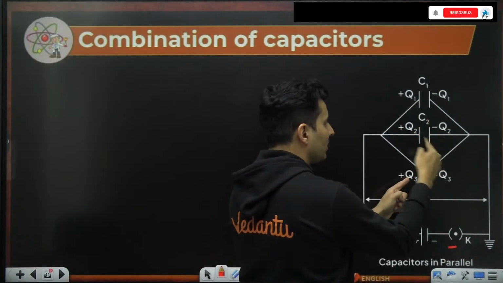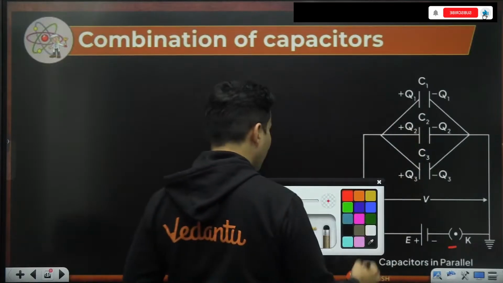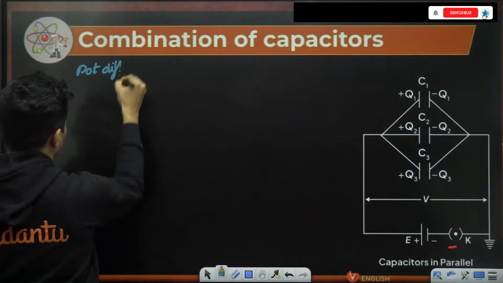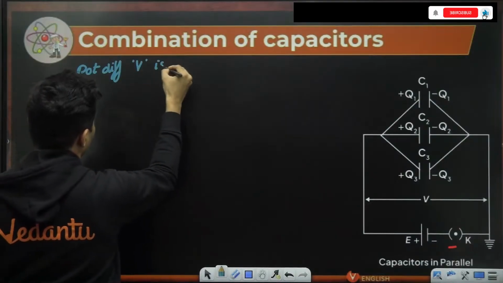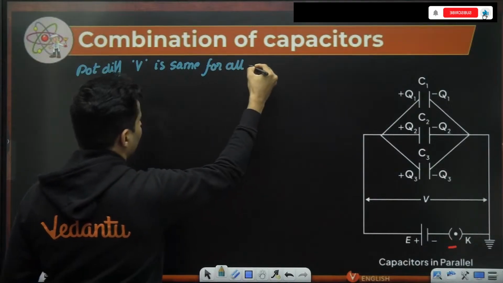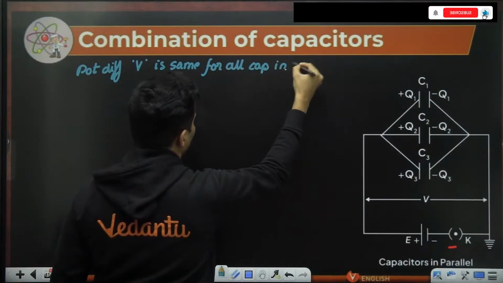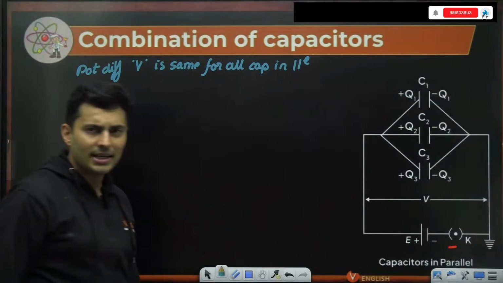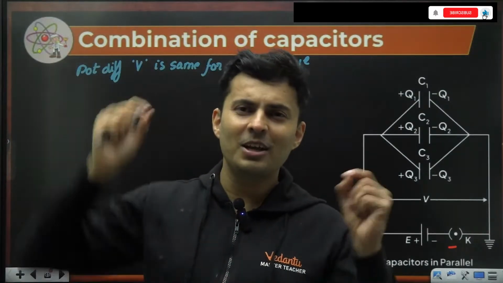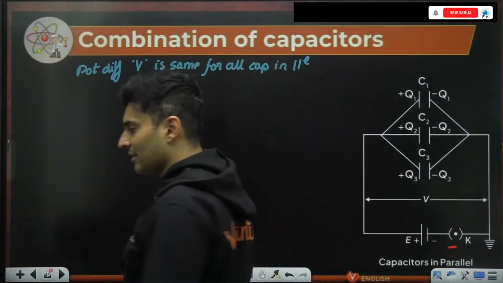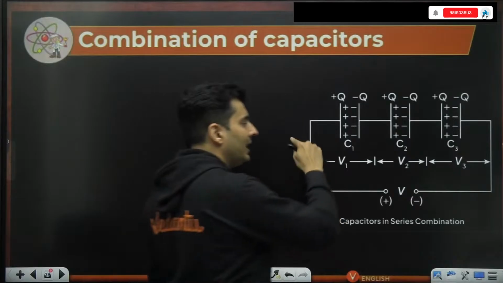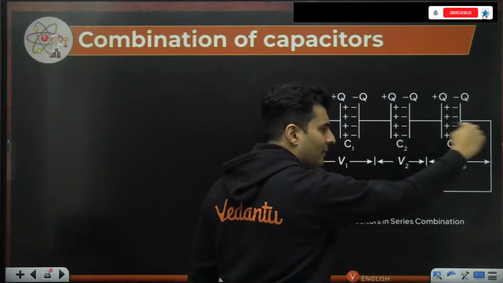So basically, the potential difference, which is V, is going to be the same for all capacitors in a parallel circuit. Is that right? Like you might have studied in 10th standard, resistors in parallel, potential differences are the same.